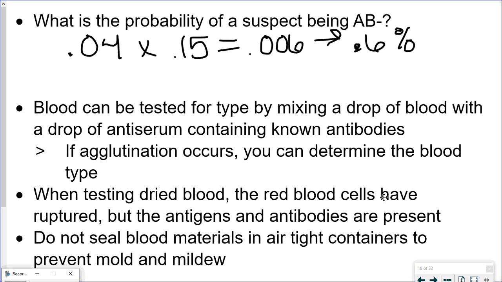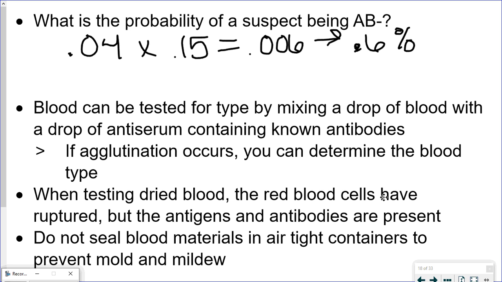Blood can be tested for type by mixing a drop of blood with a drop of serum or antiserum that contains known antibodies. If agglutination, or clumping, occurs, you know that type of antigen is present. When you're testing dried blood, the red blood cells have actually ruptured, but those antigens and antibodies are still going to be present.